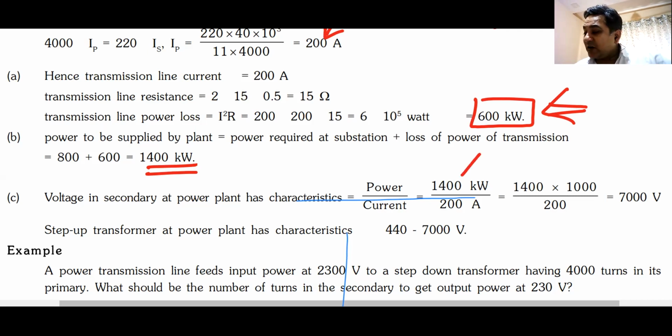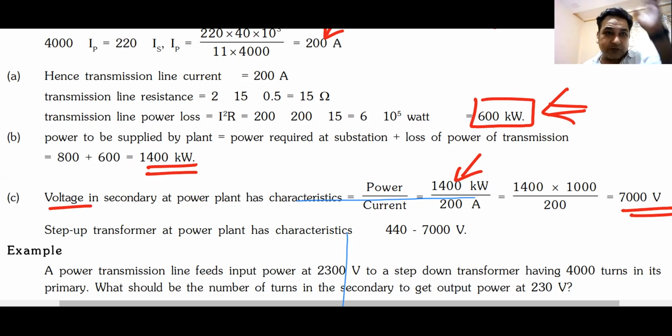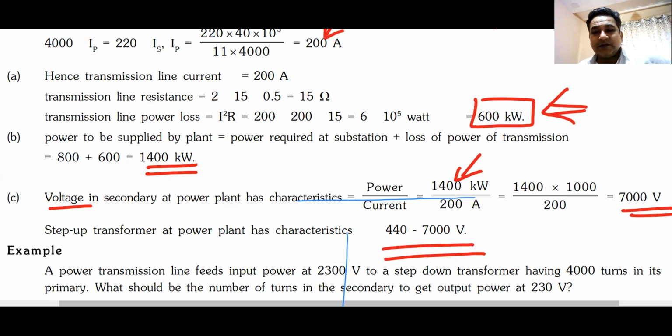From here you can find out what is the voltage in the secondary. So you know the voltage in the secondary, this much voltage you must create, and from there you can find how the transformer needs to be characterized. Are you getting my point?